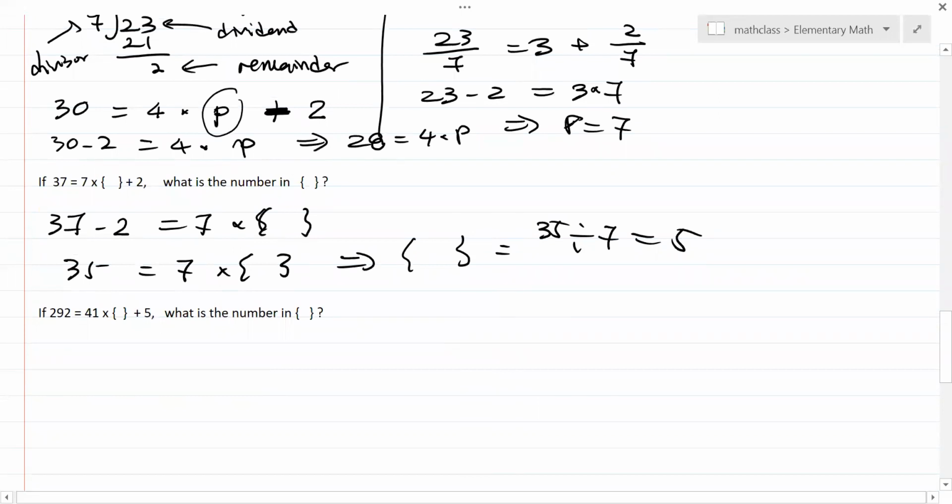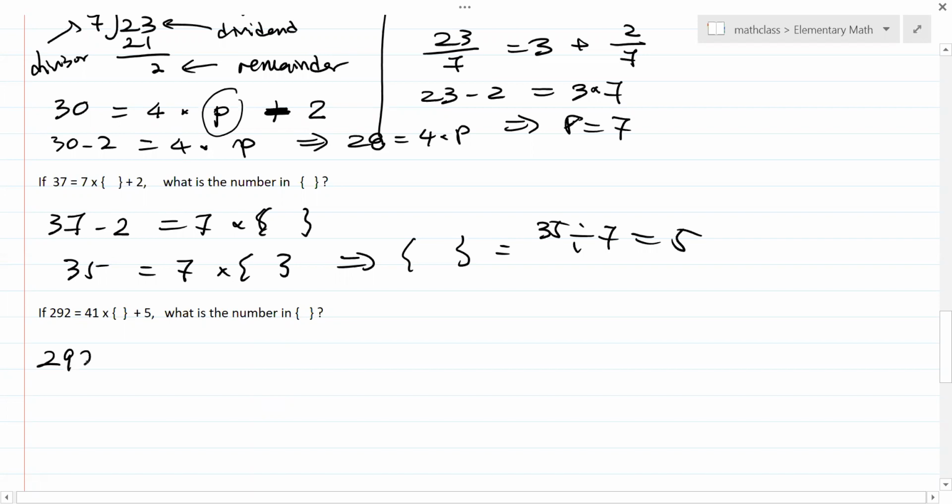292 equals 41 times some number, plus a remainder of 5.